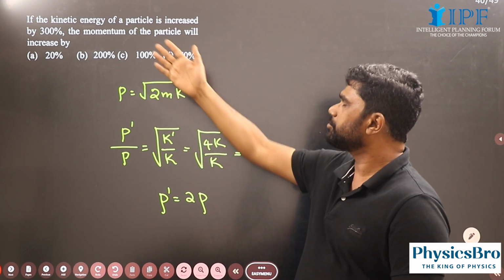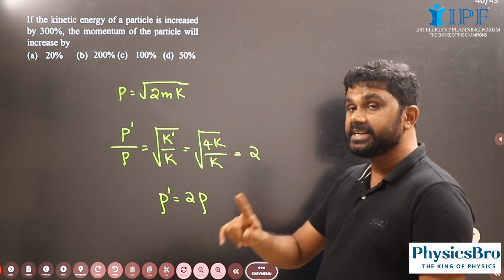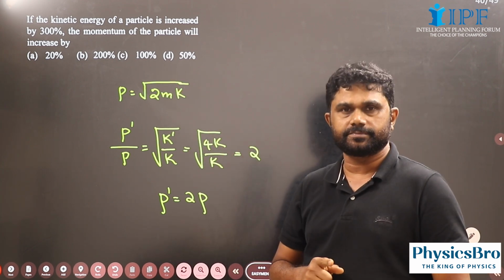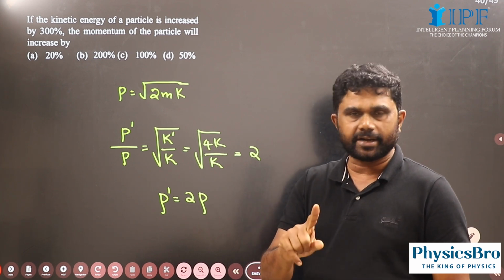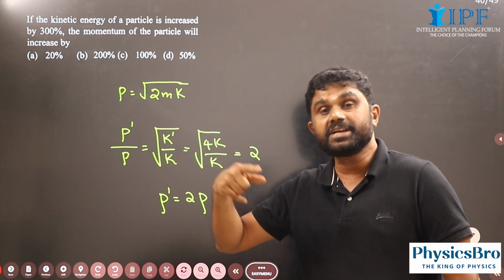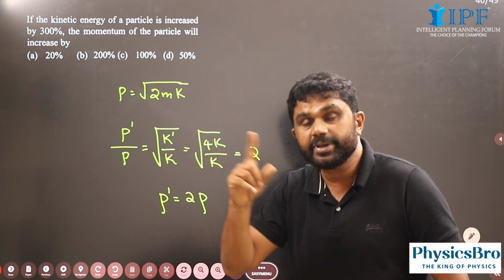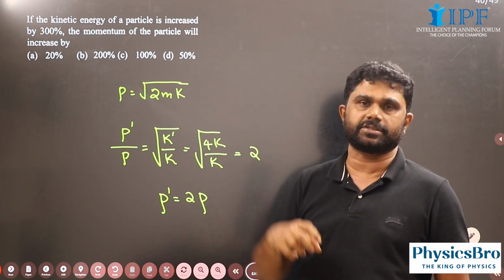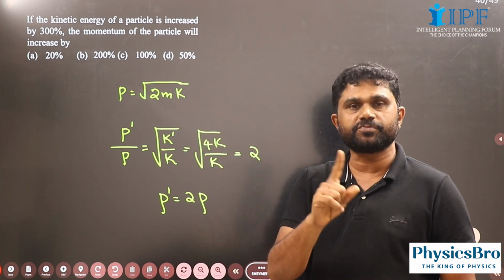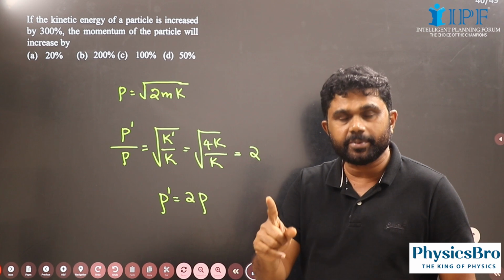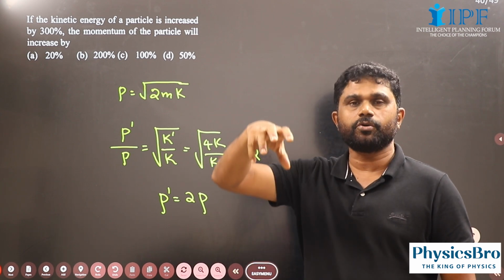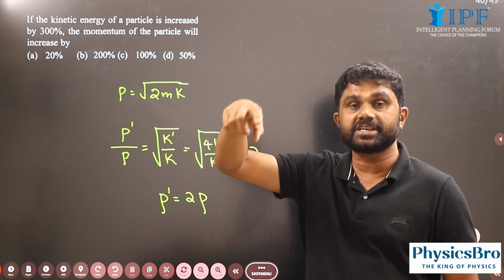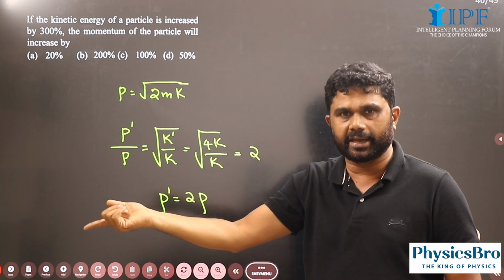Now see the question. If the kinetic energy of a particle is increased by 300%, kinetic energy is originally 100%. Now it is increased by 300%, means it becomes 400%. See, 100% is 1k, 400% will be 4k. So in short, kinetic energy is changed from k to 4k.